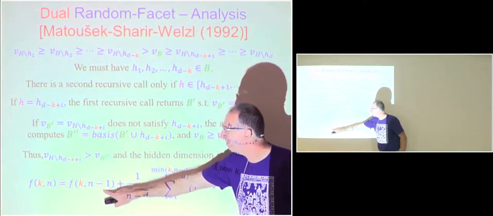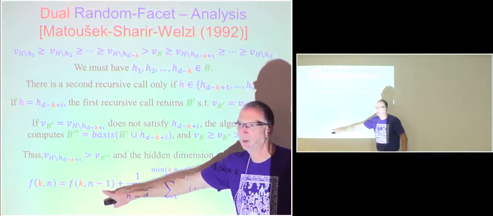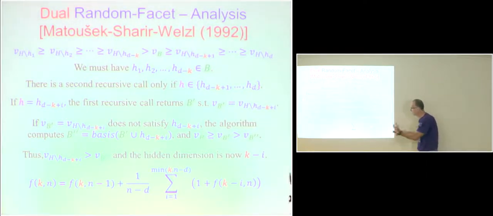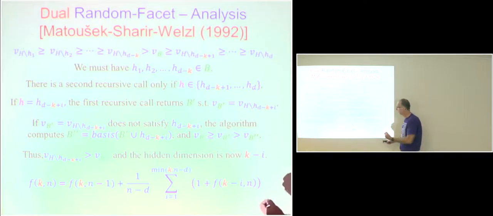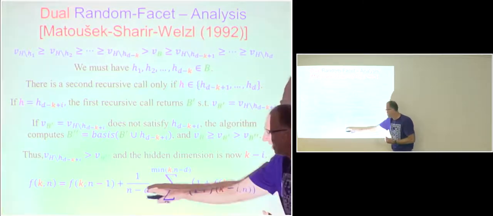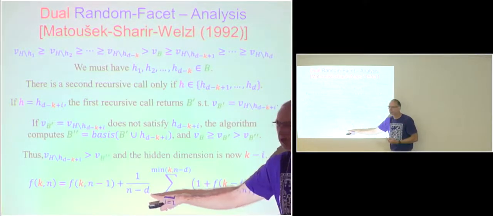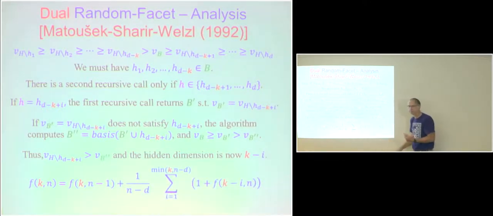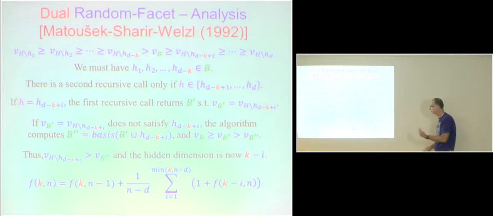Okay, so that's the first recursive call. The only thing that happened is that we have one less inequality. And now, note that we choose a random inequality which is not in the basis, so there are n minus d choices. We average over all these choices because each one of them was chosen with the same probability.